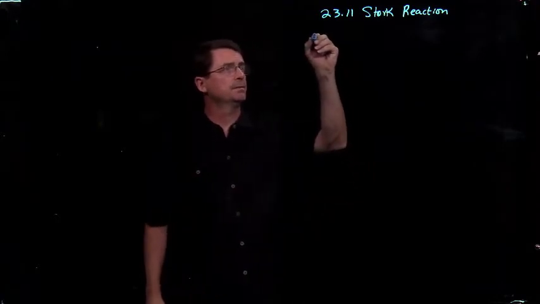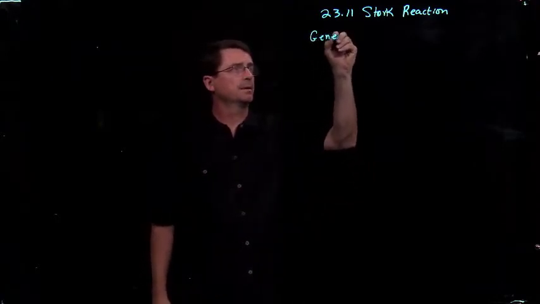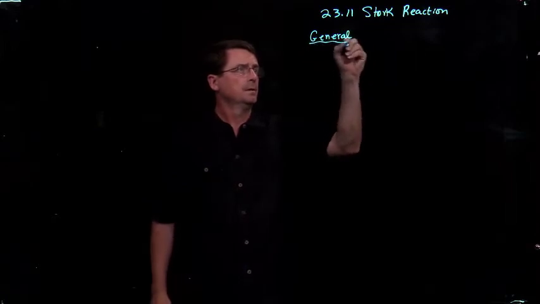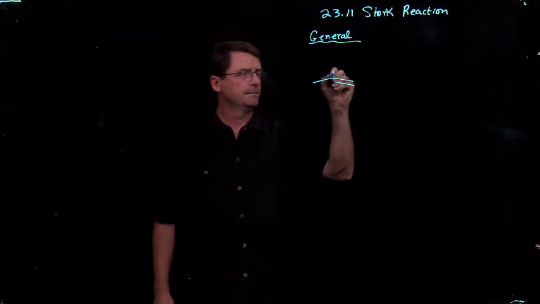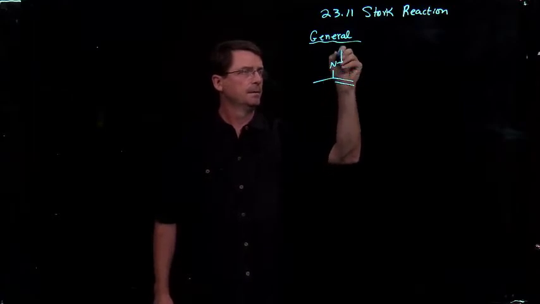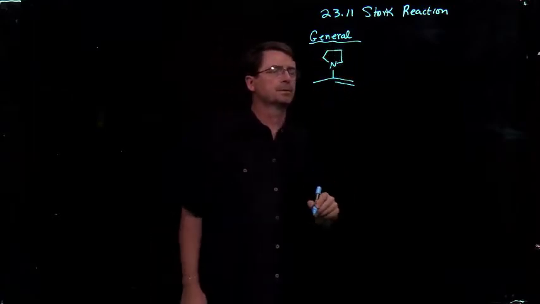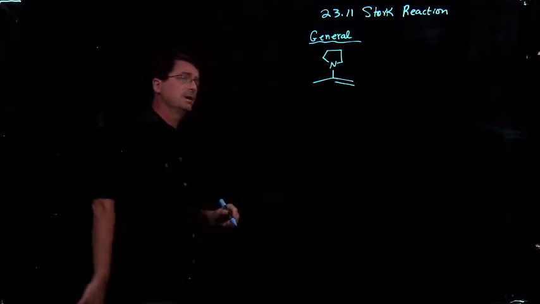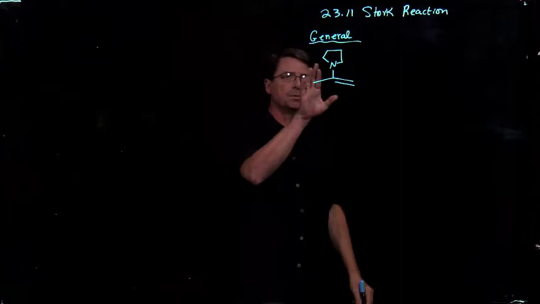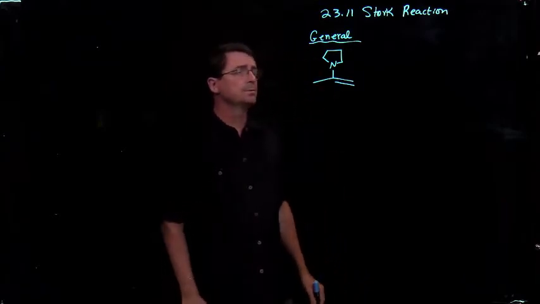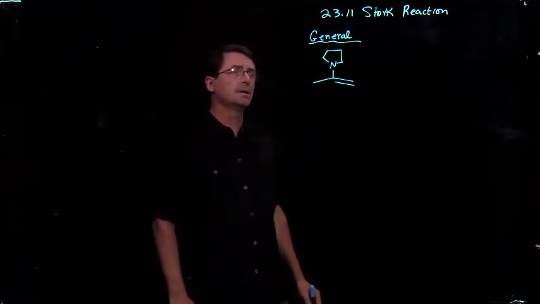What he found, if we look at the general reaction, is that the use of an enamine, and I'm going to illustrate this with pyrrolidine because that's the most commonly used amine, being cyclic, pulls those CH2 groups back a little bit, makes the enamine formation.